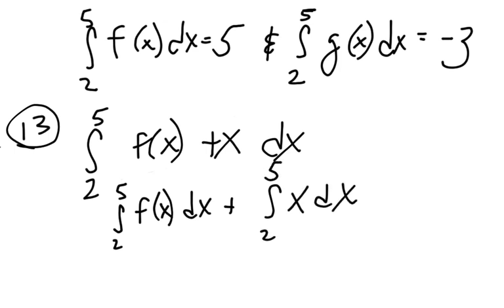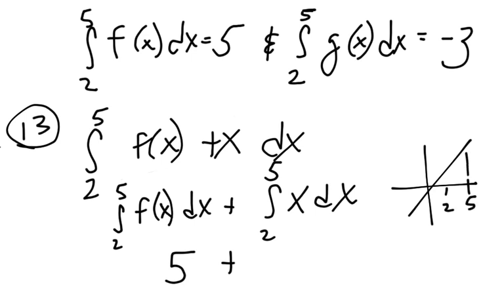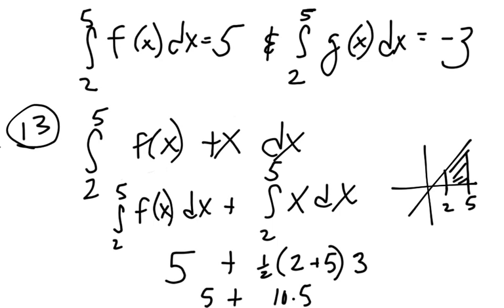And the first one would equal 5. The second one you'd do graphically. That's a trapezoid from 2 to 5. So it would be 1/2 base 1, which is 2, plus base 2, which is 5, times the height, which is 3. So that's 5 plus 10.5, which equals 15.5.